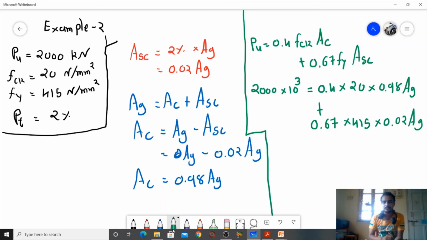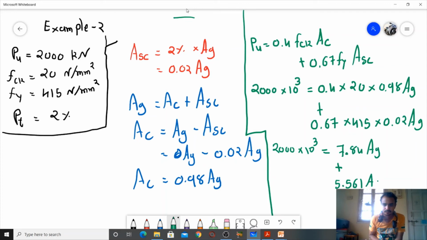So our value is: 2000 into 10 raised to 3 is equal to 7.84 Ag plus 5.561 Ag.